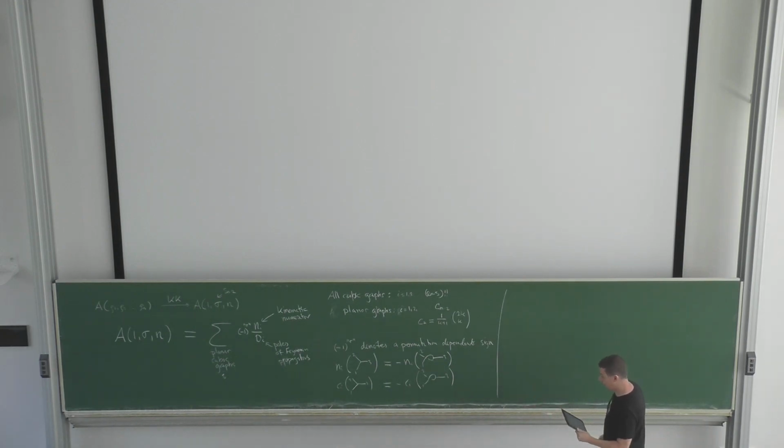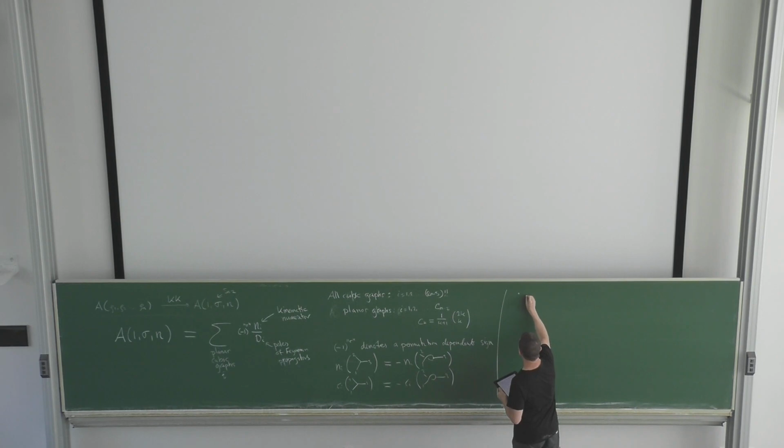All right, so the claim here: when you write your amplitude like this, the KK relations are just going to be manifest because of this sign here. Essentially, all the KK relations are going to be pairwise cancellations of diagrams depending on what sign you have here.